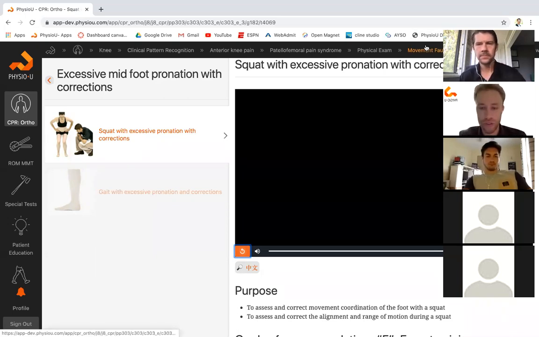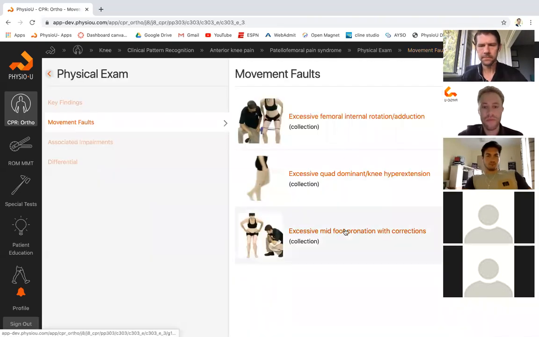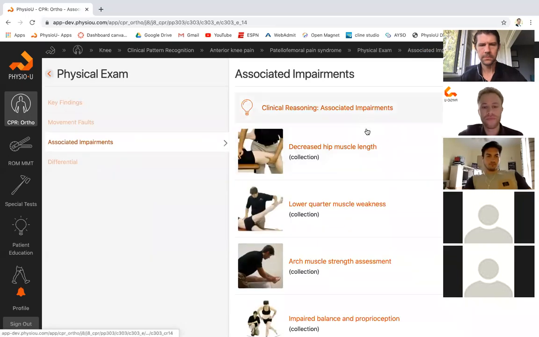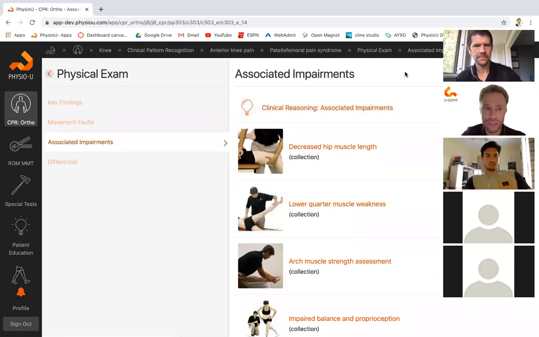Posterior tib strength, dorsiflexion range of motion. What do we got, Cam? We have posterior tib strength, dorsiflexion range of motion, plantar flexion strength.